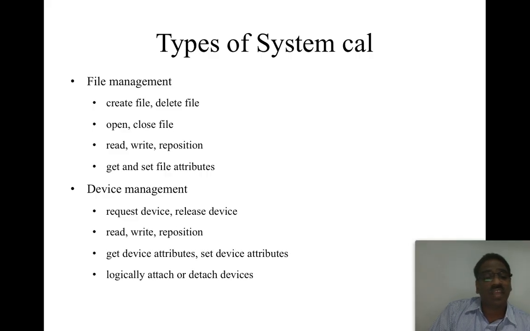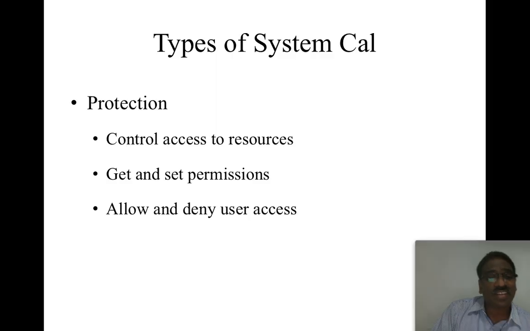These are all called device calls. Protection: how to give the protection, give the access permissions to a particular service or particular product, or denial of service to a particular user. These are all things you have to see in protection.